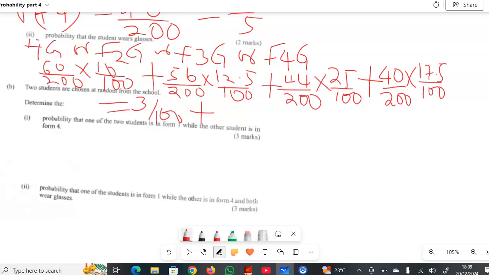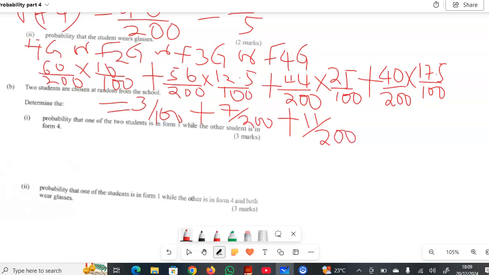Plus 56 over 200 times 12.5 over 100. That is going to give us 7 over 200, plus 44 over 200 times 25 over 100. That is going to get us 11 over 200.